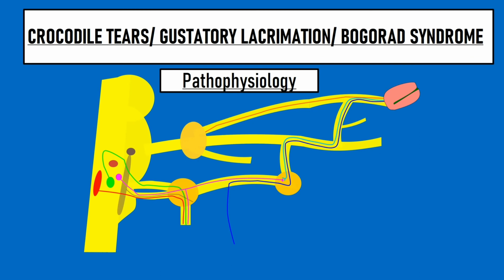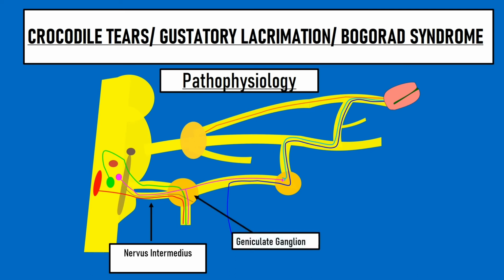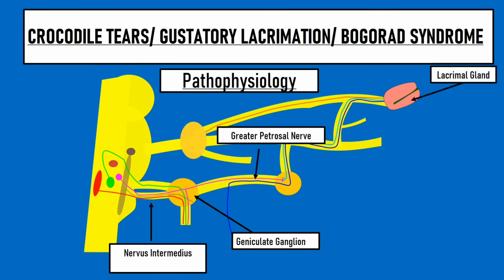We learned that the nervus intermedius contains parasympathetic fibers arising from the superior salivatory nucleus for both the salivary glands as well as the lacrimal gland. Then at the geniculate ganglion, the secretomotor fibers to the lacrimal gland separate and continue along with the greater petrosal nerve, while the secretomotor fibers to the salivary glands continue with the main trunk of the facial nerve.